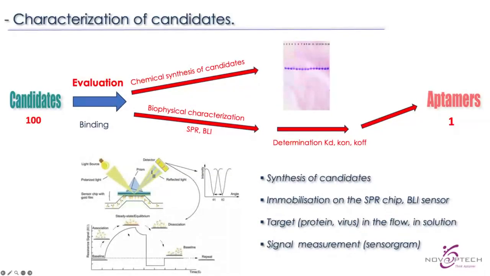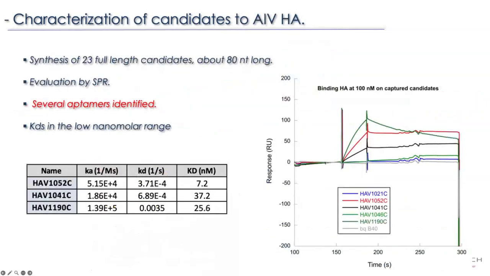When we stop the injection of hemagglutinin and introduce the buffer, progressively the complex that was formed between the oligonucleotide and the hemagglutinin starts to dissociate. From the analysis of these two curves, we are able to get access to the binding constant. This is what we call a sensorgram.